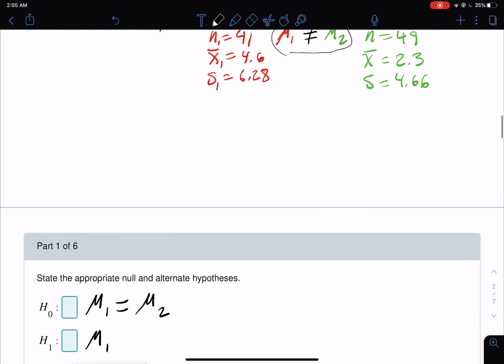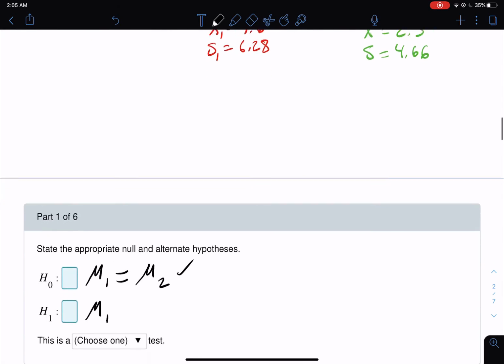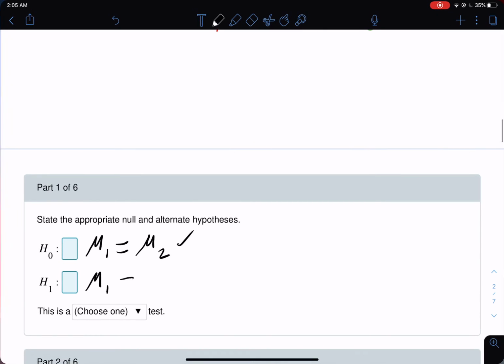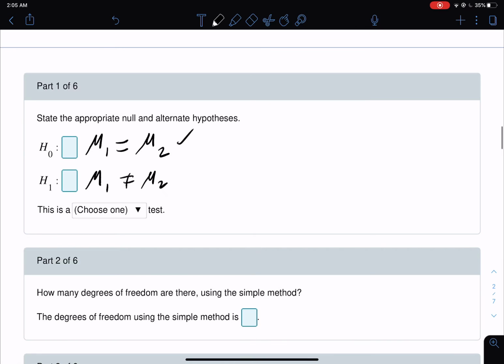If we can reject the null statement, then we're going to go with the alternate, which says they're different, they're not equal. This alternate hypothesis of not equal is going to make this a two-tailed test.